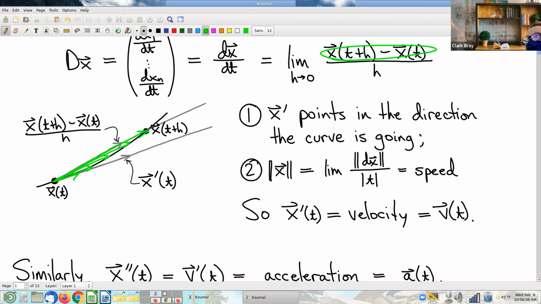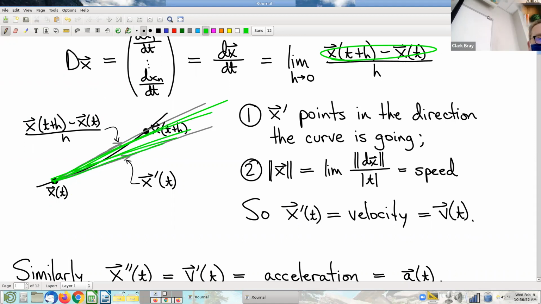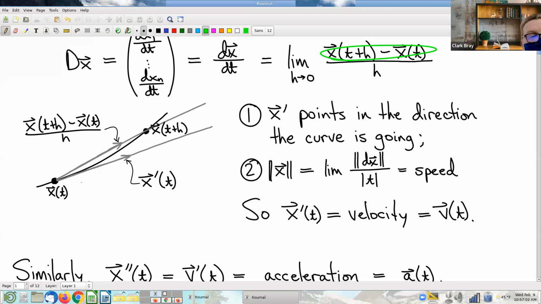The denominator, though, does too, right? The denominator is getting smaller and smaller. And so we're taking these difference vectors that are increasingly closer to being tangent. And we're looking at short distances along them and dividing by the short time differences. And in the limit, we're going to get something that's tangent to the curve and whose magnitude is the speed.